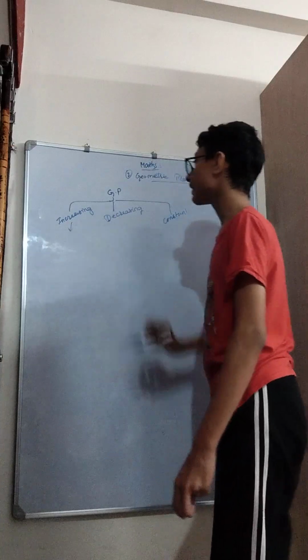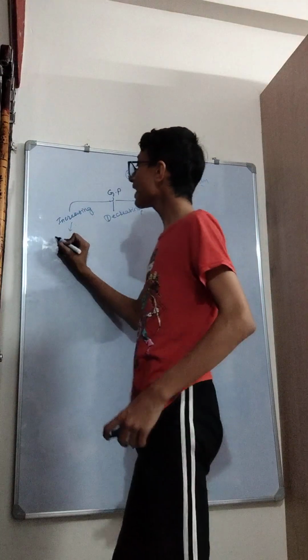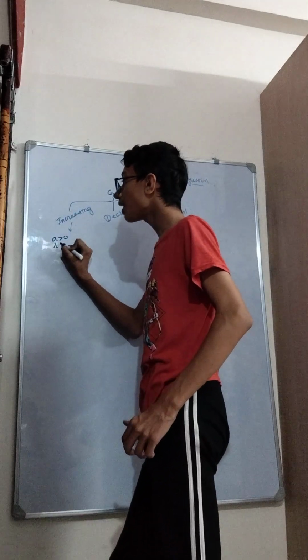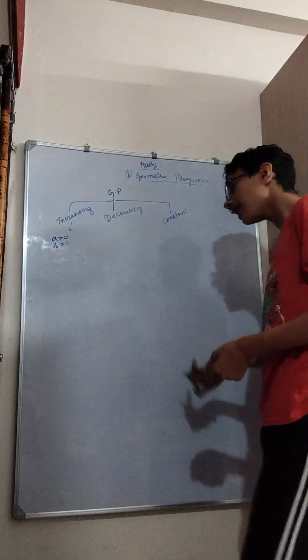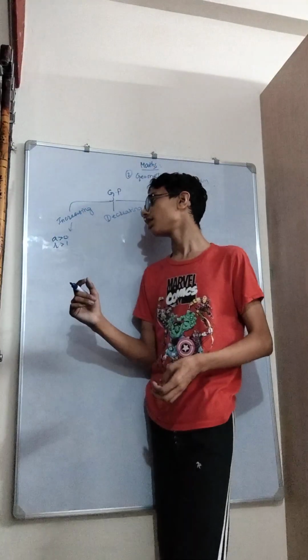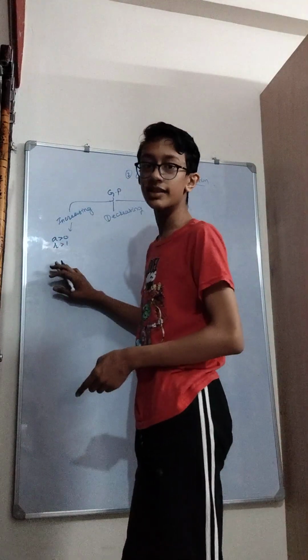So in increasing GP, there are two cases. If a is greater than 0 and r is greater than 1, then this will be considered an increasing GP, right?